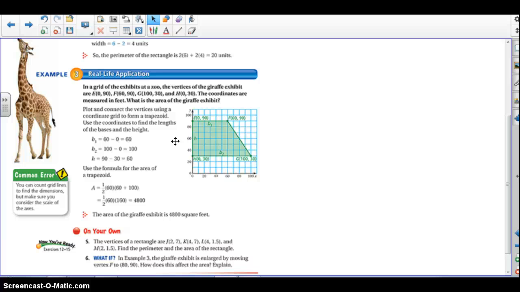Then go into placing in your variables. So you have 1/2 the height, which is 60, times base 1 plus base 2. Once you figure it out, you have 4,800. So the area of the giraffe exhibit is 4,800 square feet.